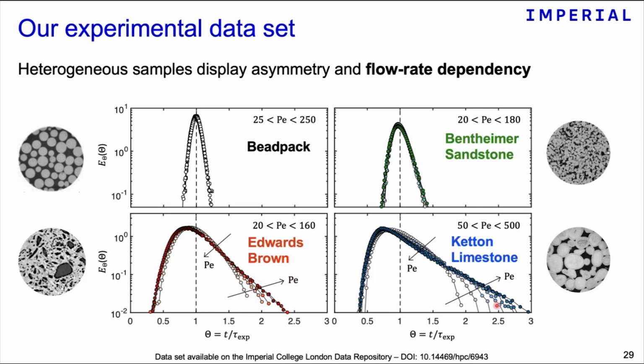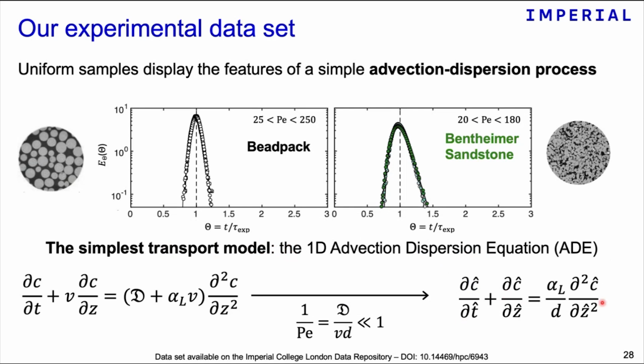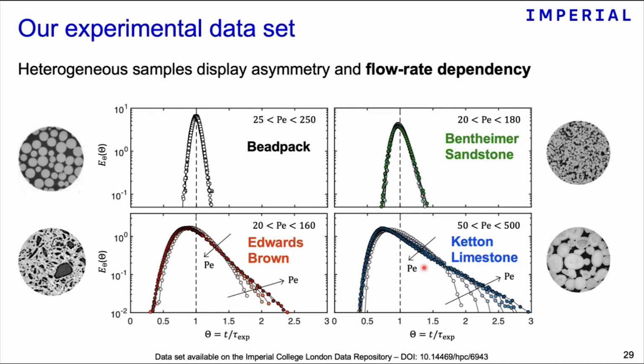And you see clearly some effects arising from flow rate dependency. So curves at different flow rates show a different shape, in addition to the curve being much broader and asymmetric. So the question now is, therefore, if I cannot use the simple model that doesn't have any dependency on the flow rate, which model can I use to interpret these experiments, right?